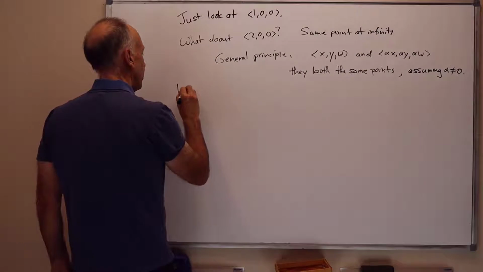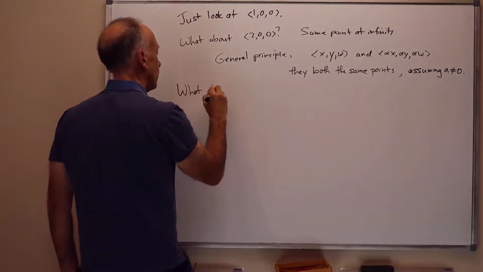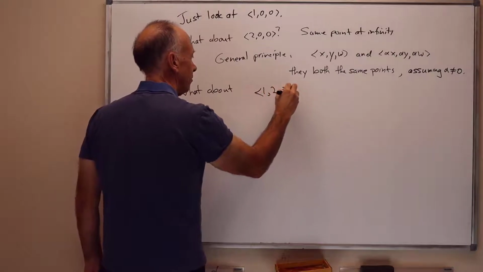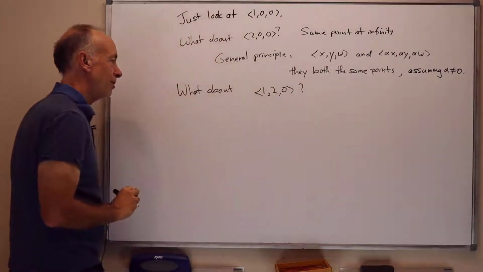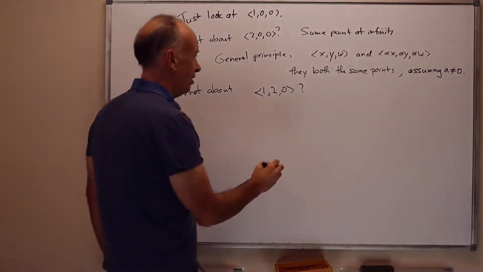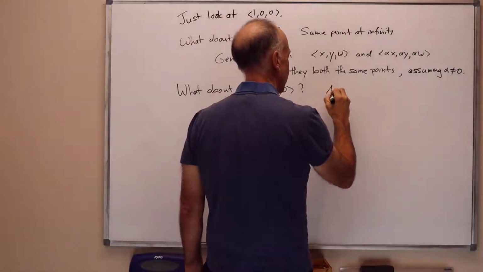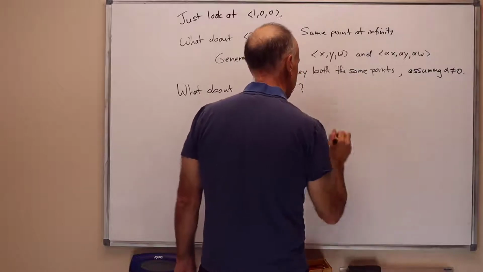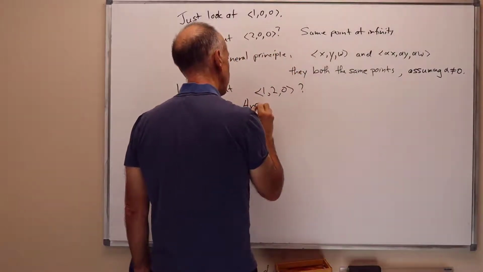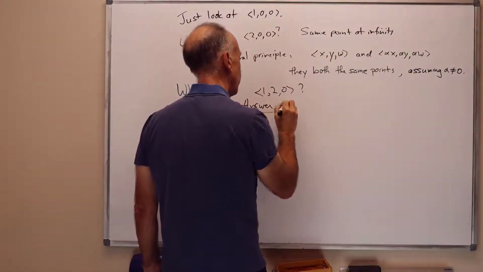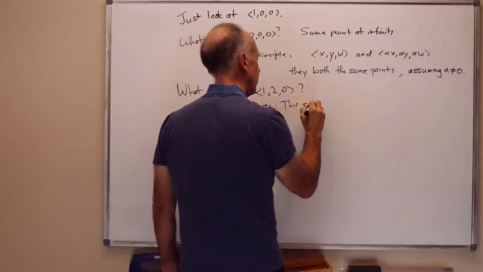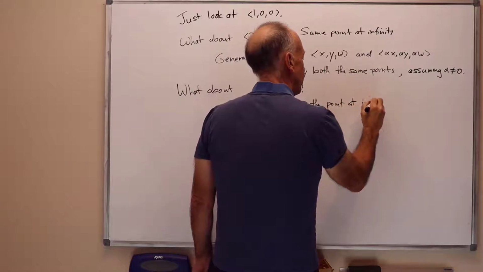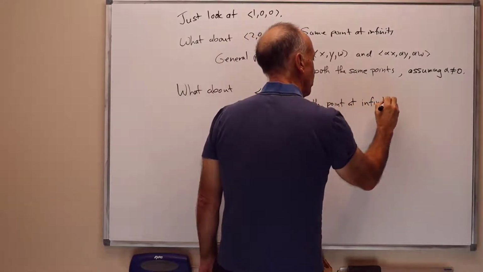Okay, what about, say, for instance, 1, 2, 0. Well, I'll let you work out this example here, but this is just the point at infinity at the end of the line, at infinity on the line with slope 2.